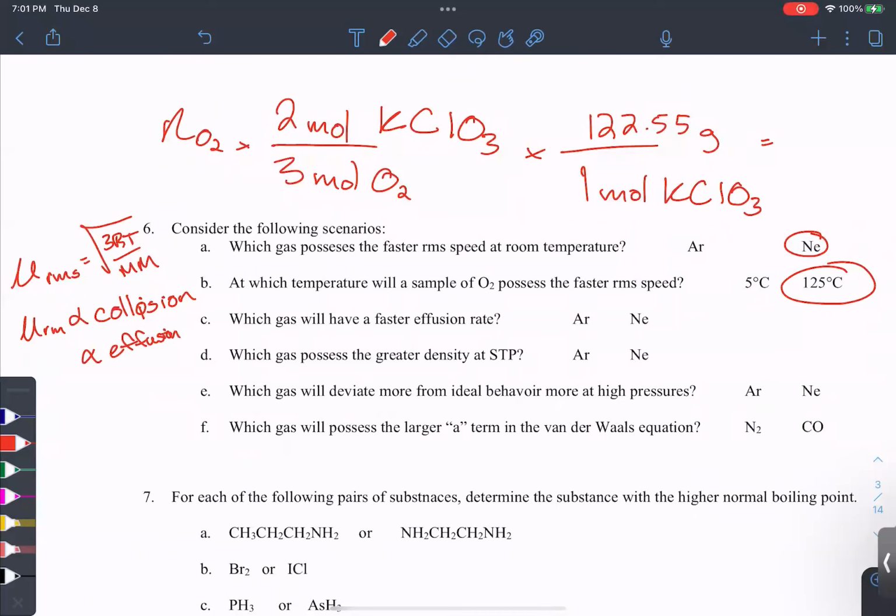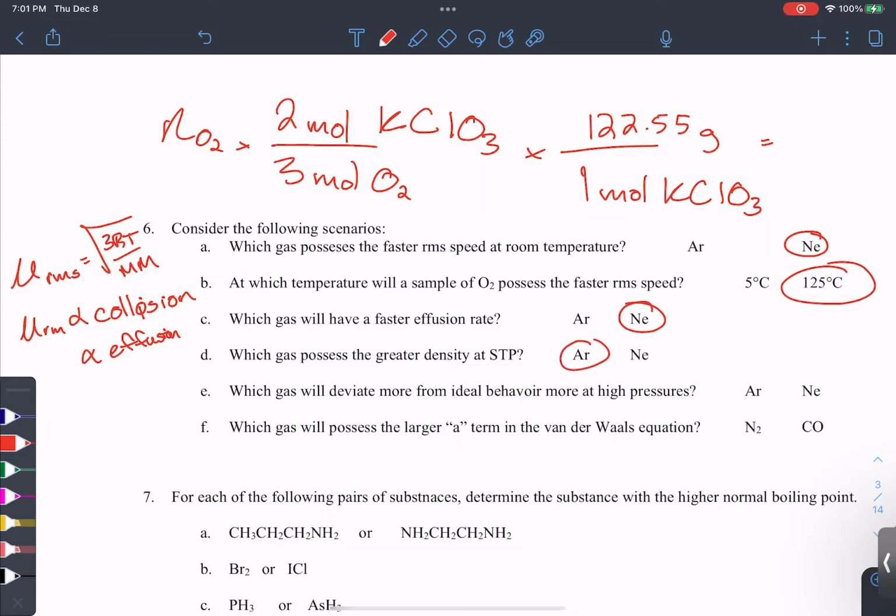So which one will have the faster effusion rate? The heavy one or the light one? Light one, okay. Which gas, so this one's different. Which one possesses the greater density at STP? You should not have to do any calculations because I'm just asking which one's more dense. Which one do you think?